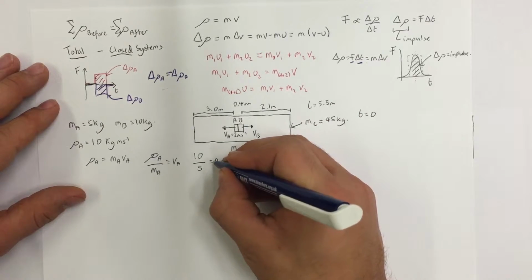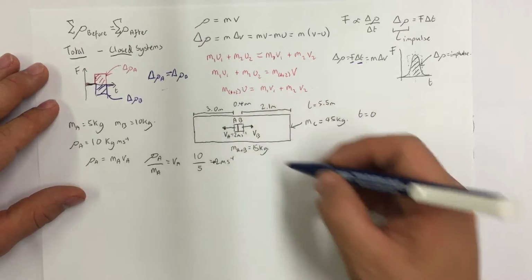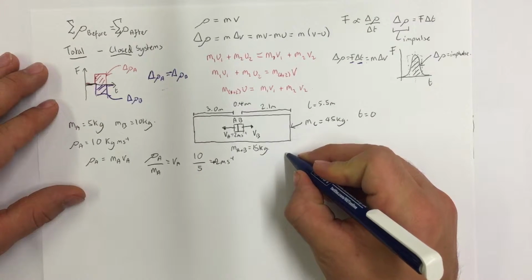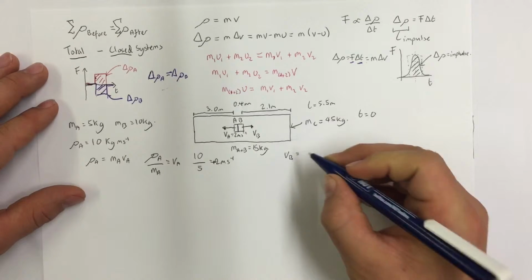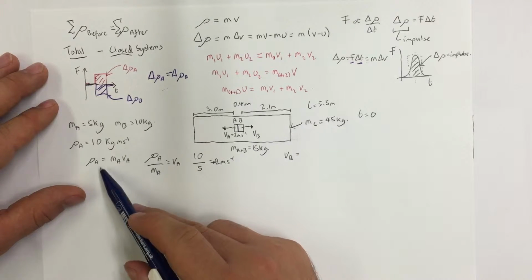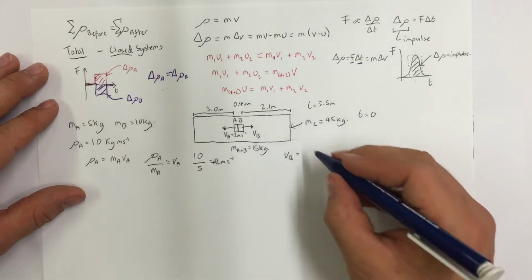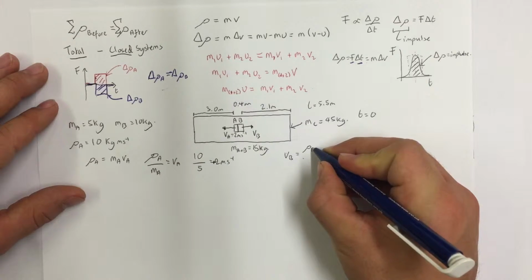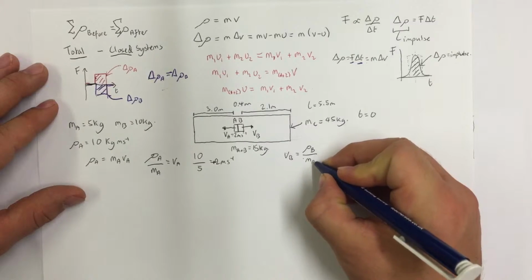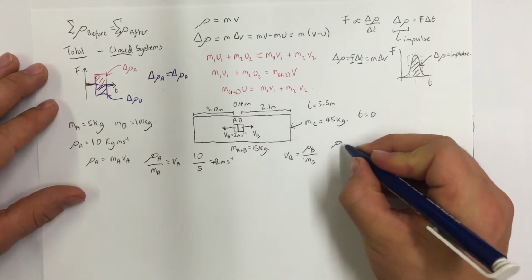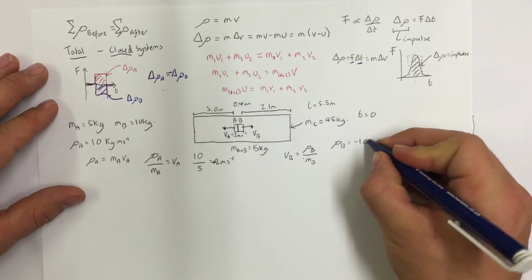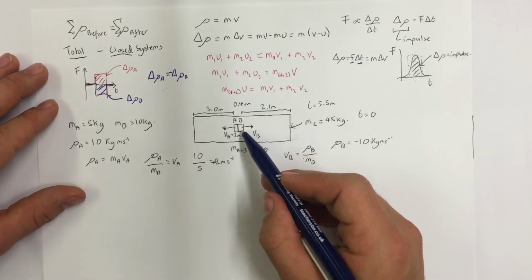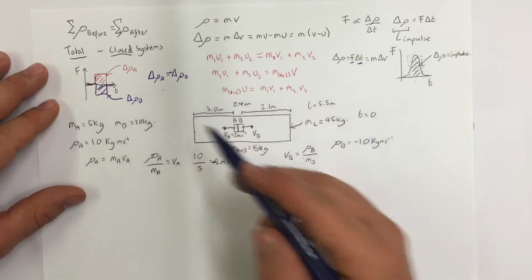Now I'm going to make that positive. So I'm going to make that my positive direction, just to keep this consistent. Then I can do my VB. If momentum of A is 10, to work out VB, that must be the momentum of B divided by the mass of B, but the momentum of B has to be equal to minus 10, because remember it's a vector, so if that's 10 in that direction, the change in momentum we said for any two objects in a collision has to be the same.